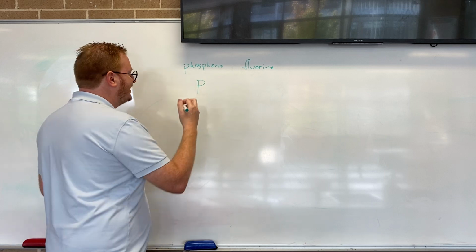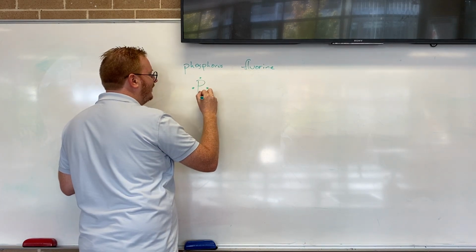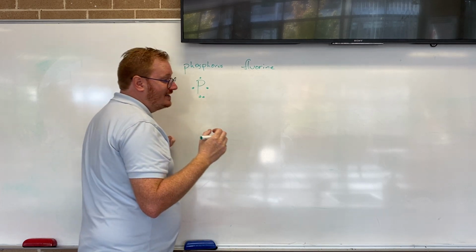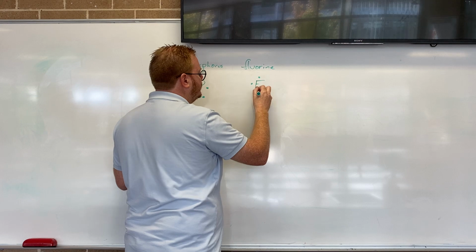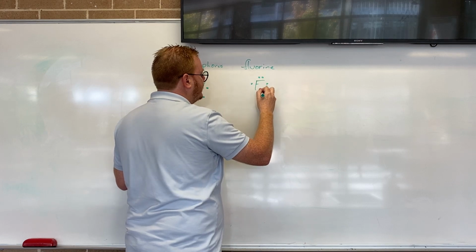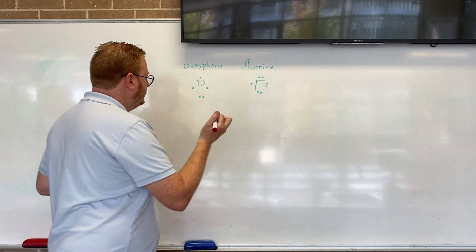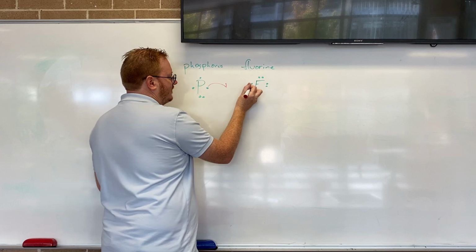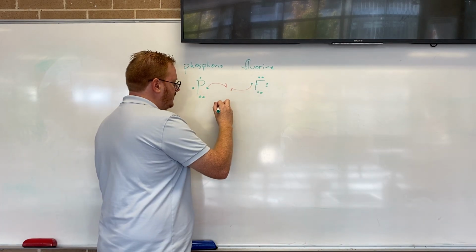Good, I got that right. I just checked on the periodic table. 1, 2, 3, 4, 5. Fluorine is a halogen. It has 7 valence electrons. 2, 3, 4, 5, 6, 7. Okay? They're both non-metals. They're going to form a covalent bond. 1 electron in there from each. Let's see what we get.